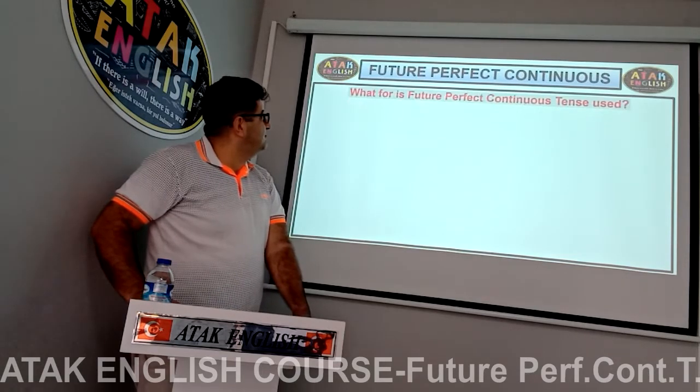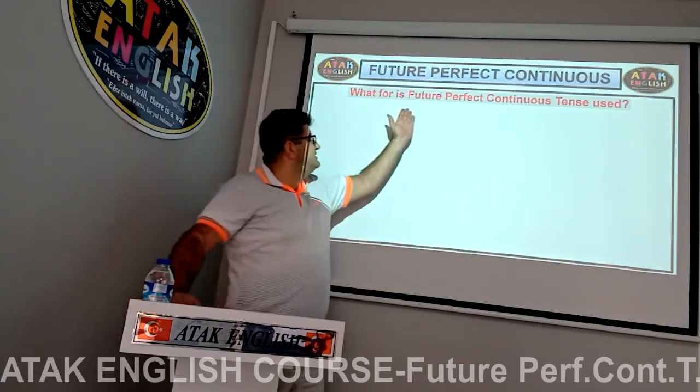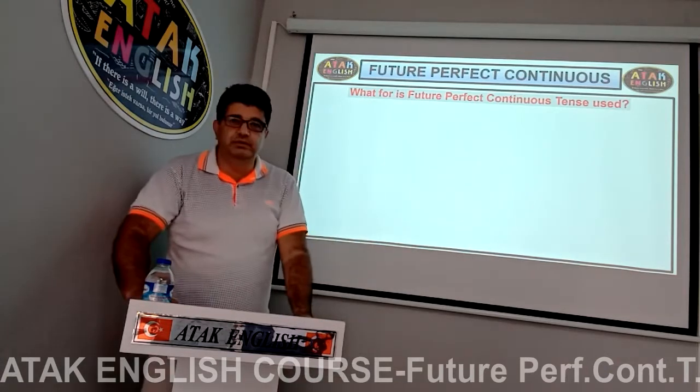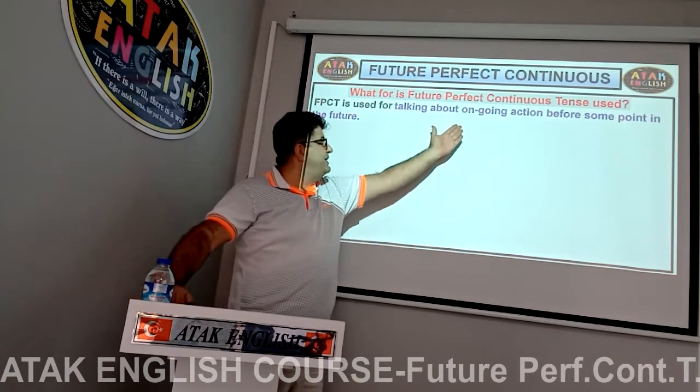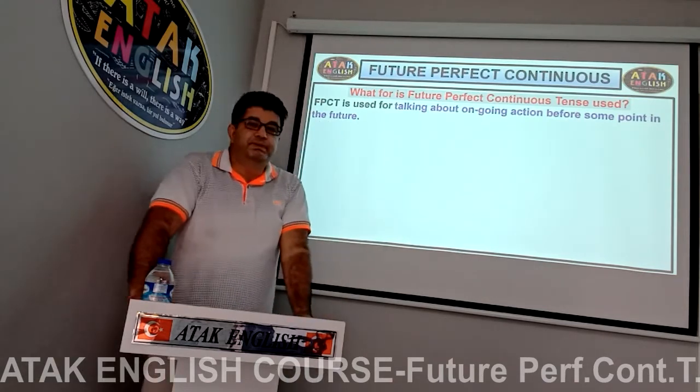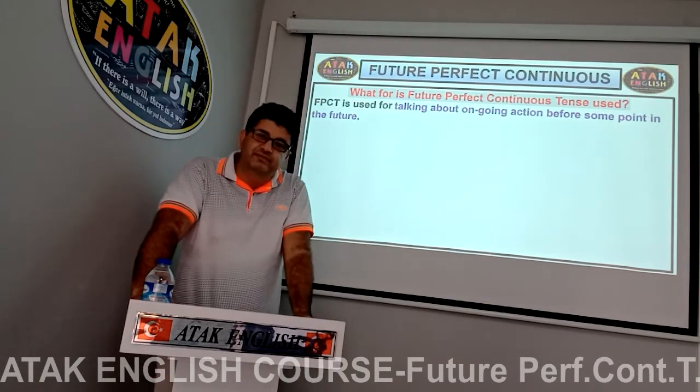All right, what is future perfect continuous tense used for? It is used for talking about an ongoing action before some point in the future. Let me repeat that for you once more.